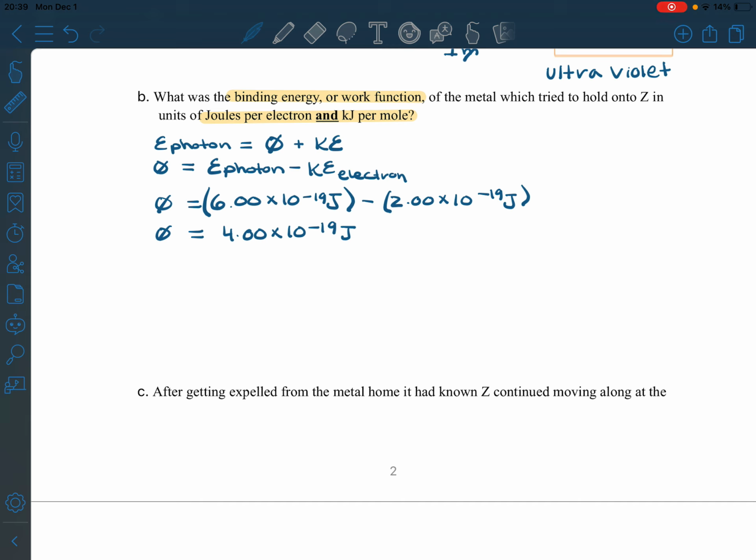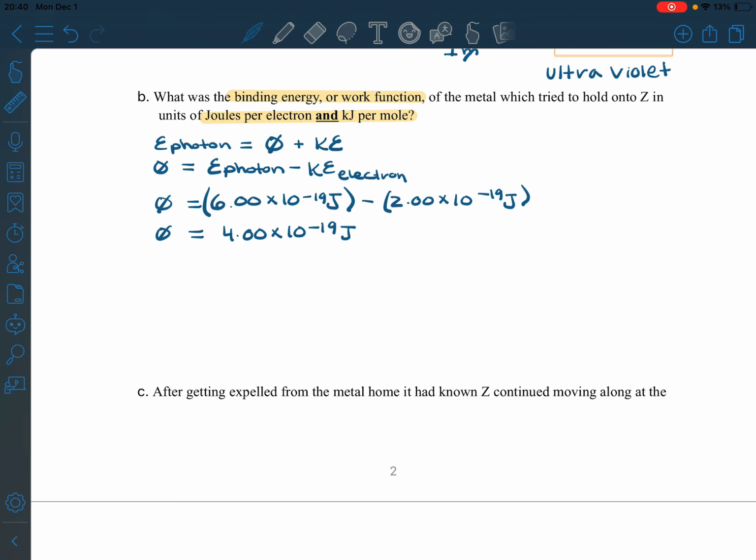So I'm thinking, okay, I need to get moles involved. What I can do is use Avogadro's number, which is also provided, and that's going to let me convert things into moles. So that'll be very helpful.